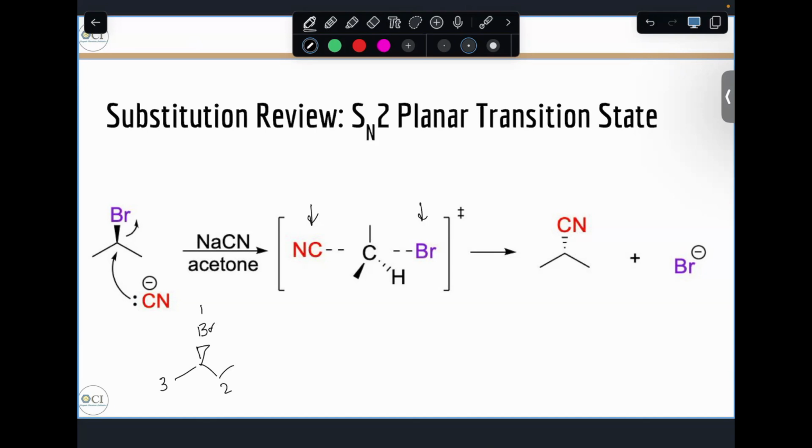So what you would do is you'd label them 1, 2, 3. So that would be R. And then you draw it like something like that. And then you have CN minus attacking, and your product would form this. And then in your product, you check your stereochemistry.